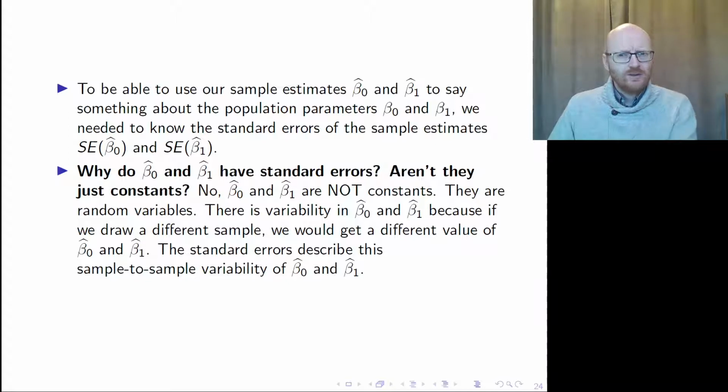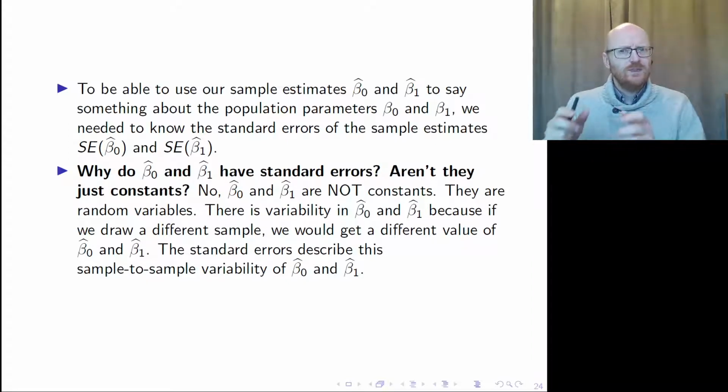Whenever we take a sample and run a regression, we get one result. If we take a new sample and run a regression, then most probably we would get a different result for the intercept and the slope.